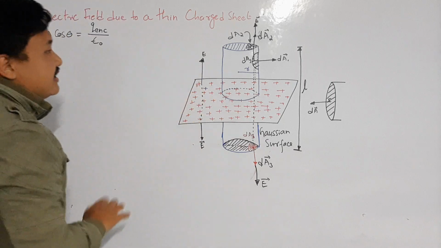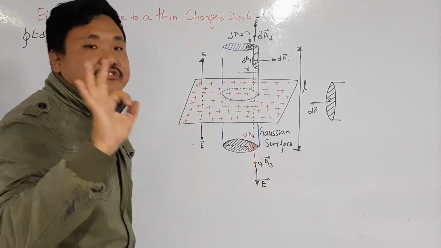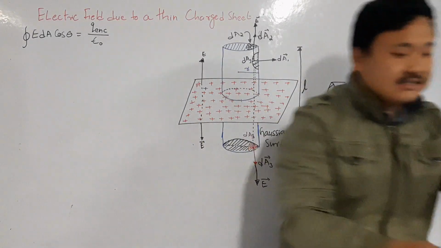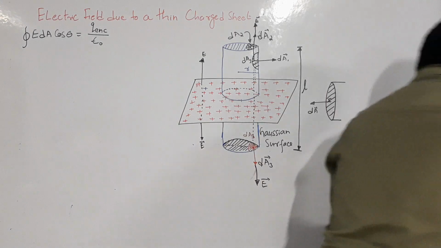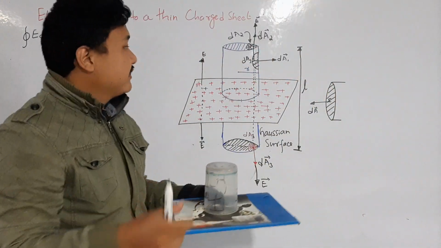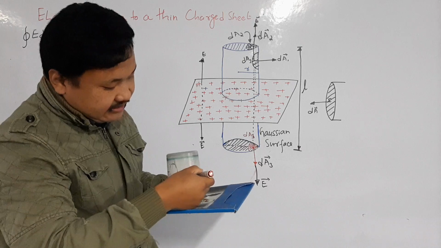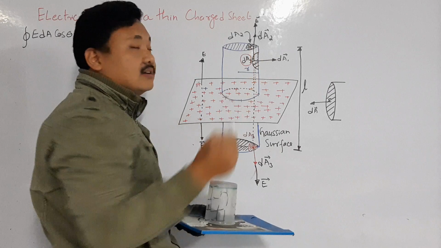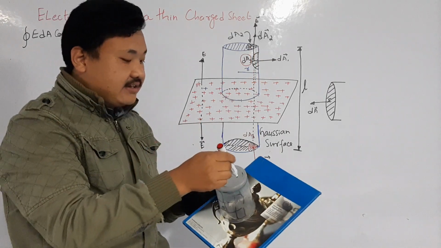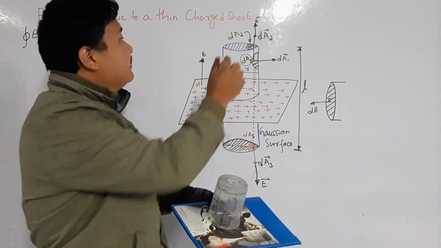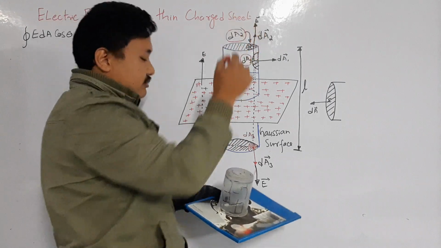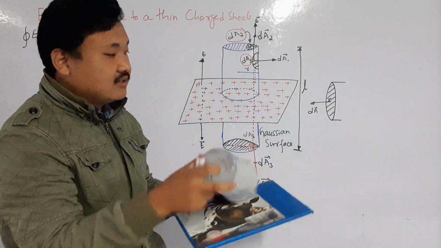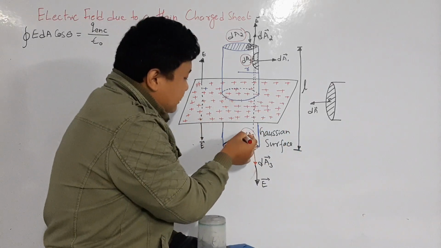Now I will consider three areas. Here I have considered a small area which is called dA1, on top of this is dA2, and at the bottom is another area, dA3.